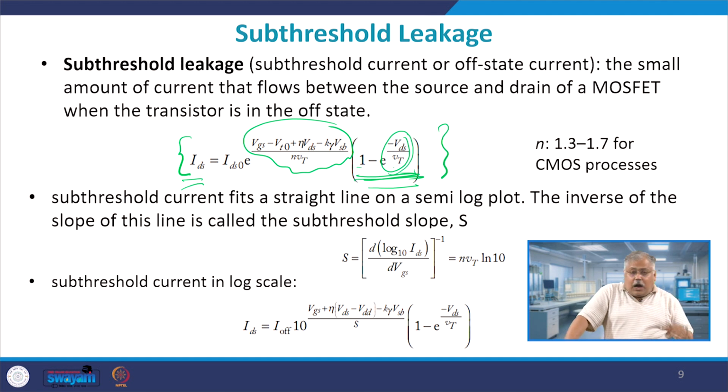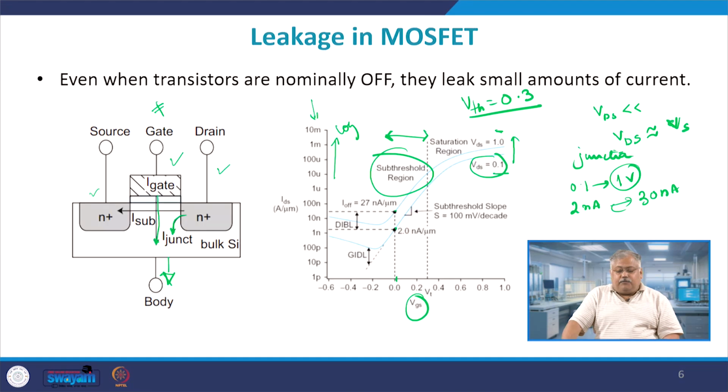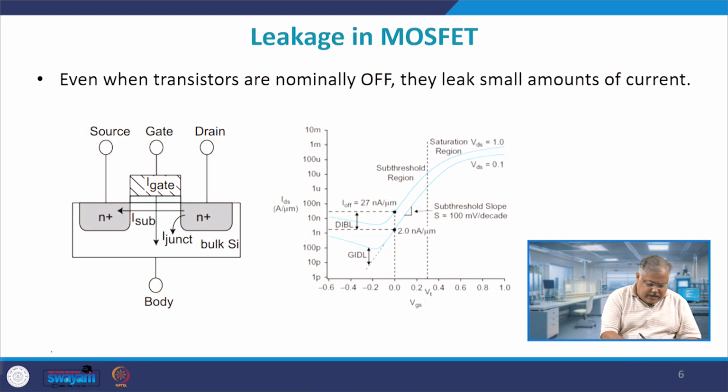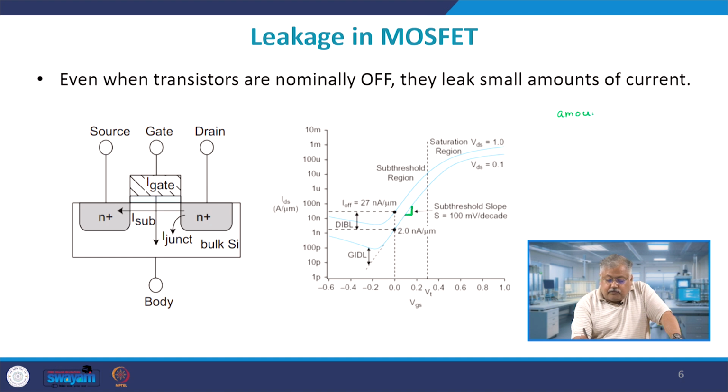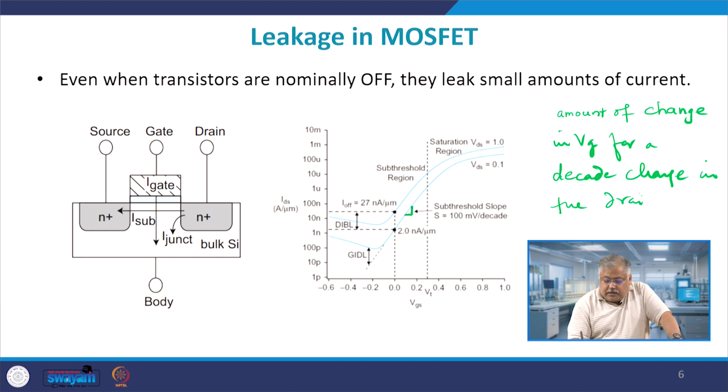So how do you define subthreshold slope now? Subthreshold slope is defined in this manner. If you take the slope of this curve, then we define subthreshold slope as the amount of change in gate voltage for a decade change in the drain current.